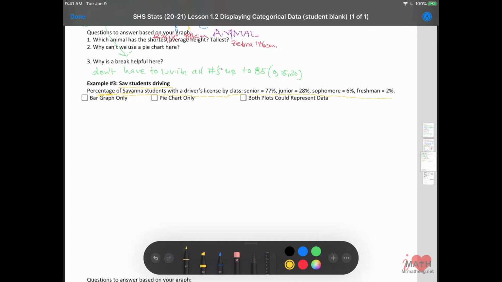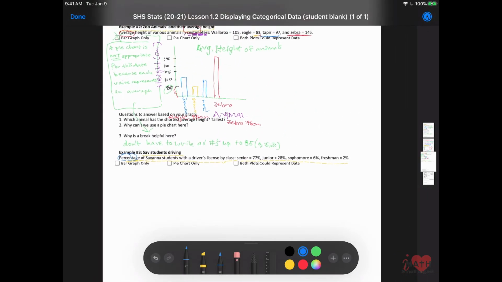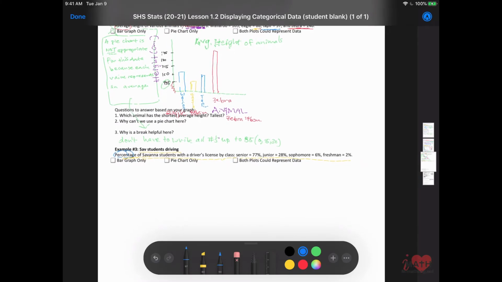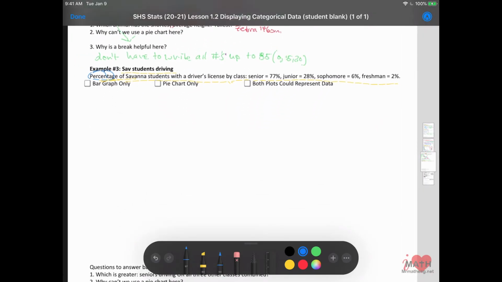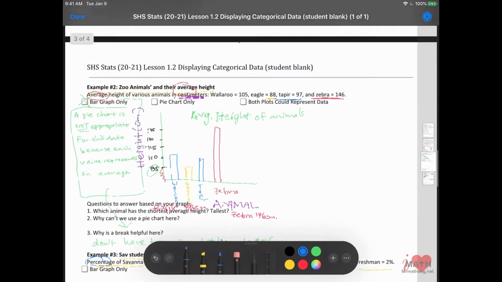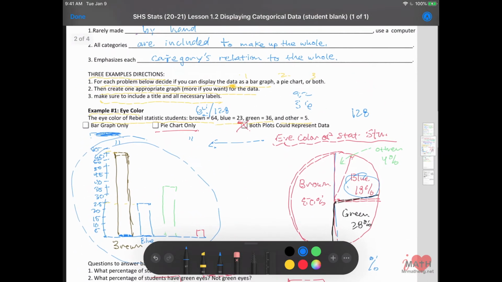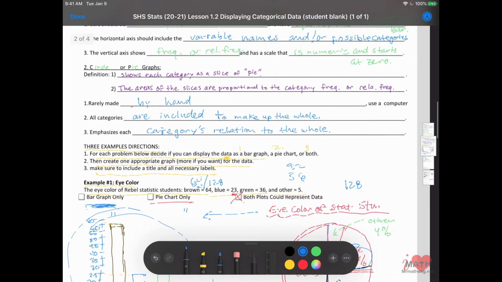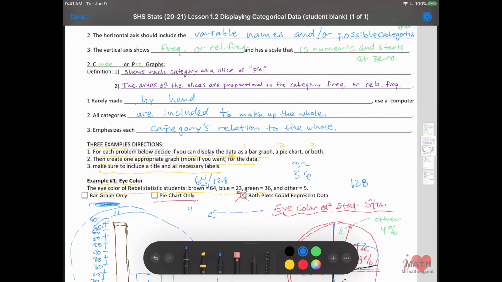Do you know how many seniors there are? So a percentage is just like the previous problem. It's just like an average. You don't know how many total. Remember, we need a total amount to figure out that parts to whole idea.